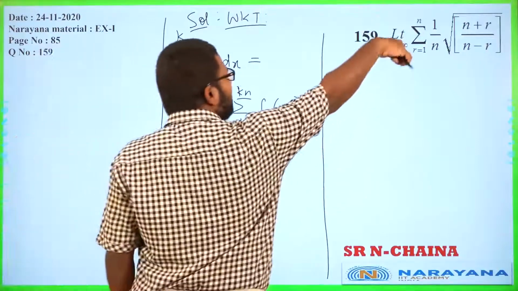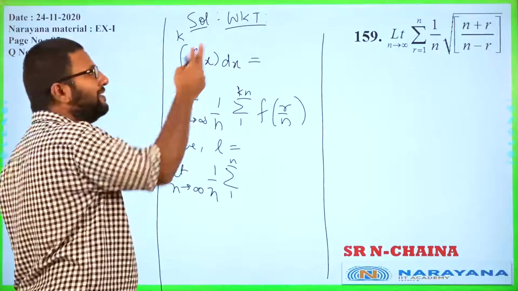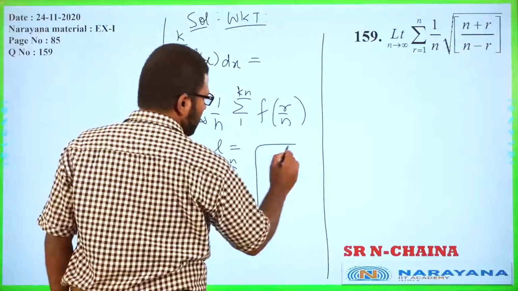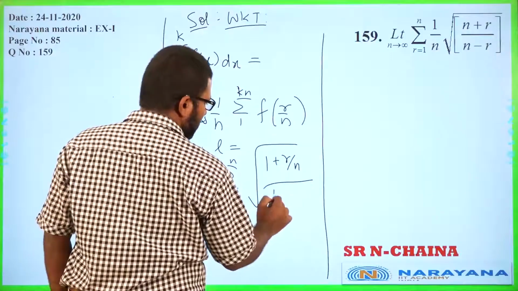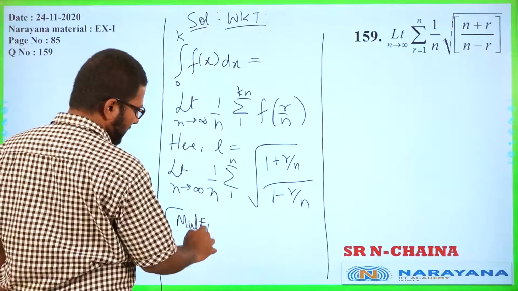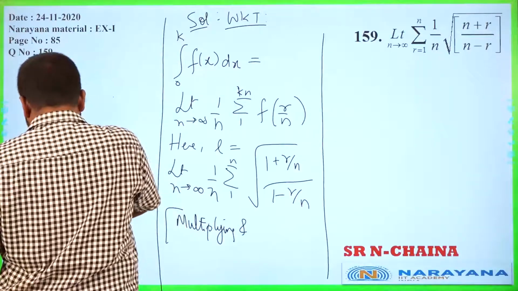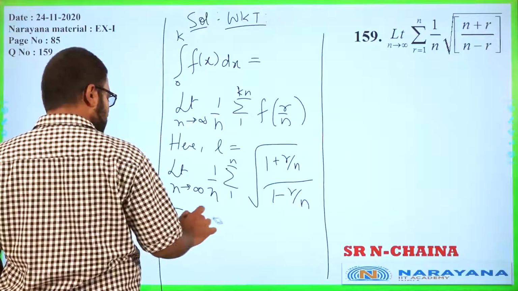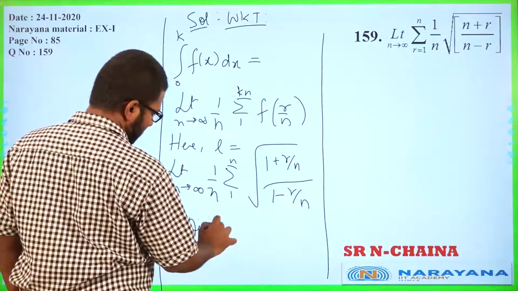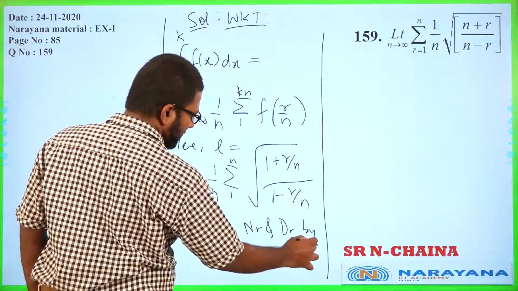Now how do we write that in r by n form? For that it needs to occur to you that I should probably divide with n, because when you divide by n you will get r by n. So you will get 1 plus r by n upon 1 minus r by n, correct? What did we do? Dividing both numerator and denominator by n.